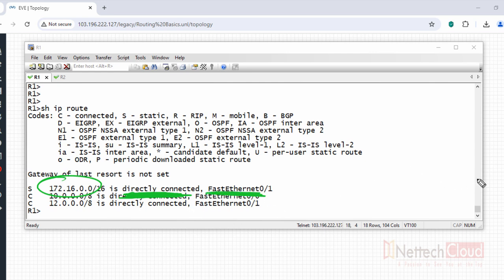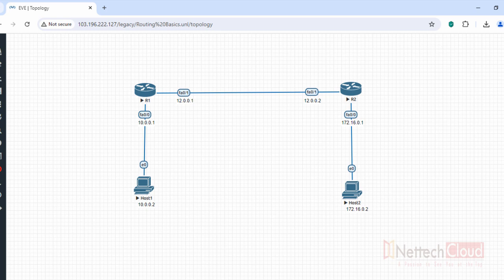So what does R1 assume? R1 assumes as if the destination, meaning any host from this network, is directly connected to this interface. So R1 assumes host 2, meaning 172.16.0.2, is directly reachable via this interface, right?